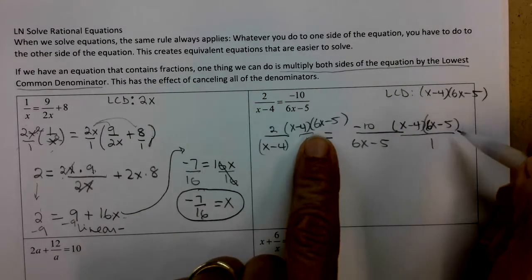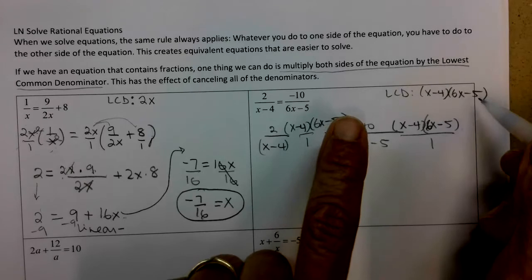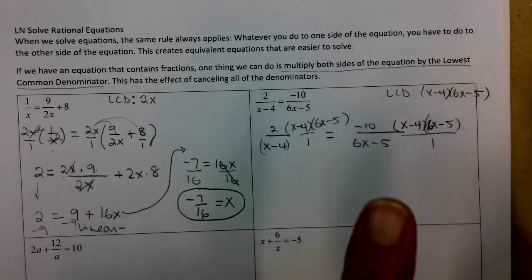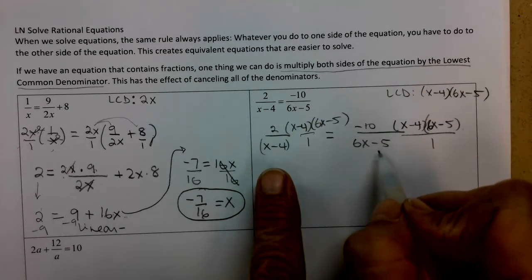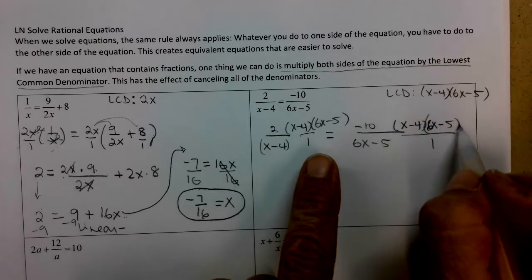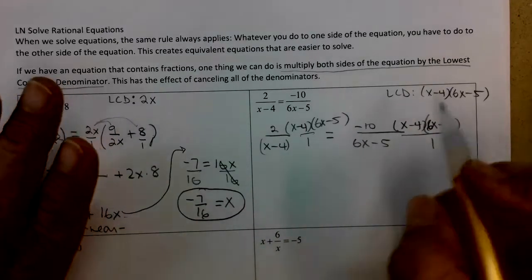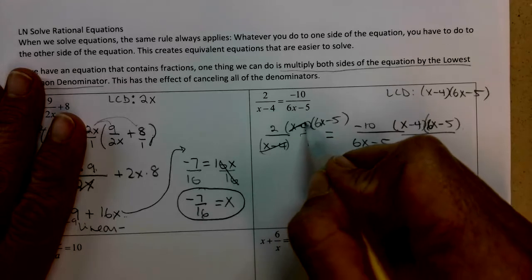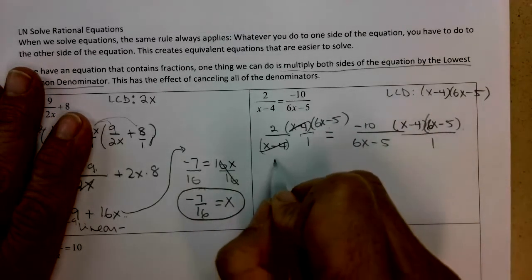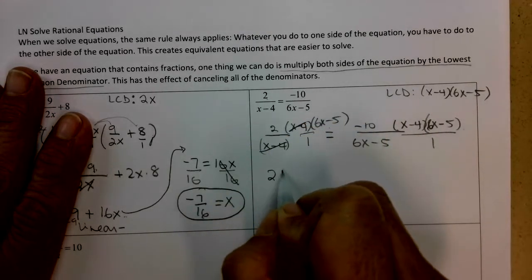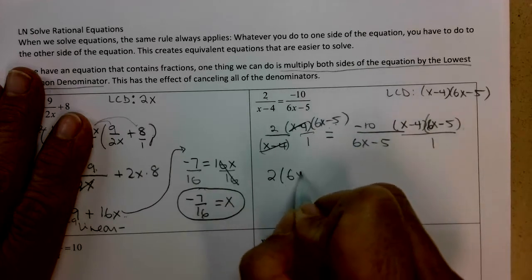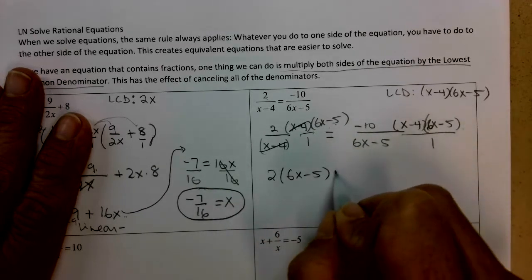Now, as soon as you multiply by that common denominator, the fact that it's a common denominator means the denominators you have are factors, right, of what's up in the top. So the x minus 4 cancels the x minus 4. So I'm left with 2, the numerator that was there, times 6x minus 5.